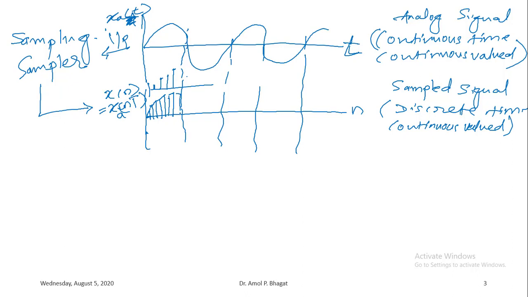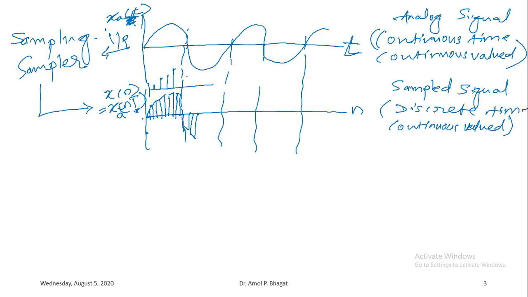These are nothing but the samples, which occur after every capital T interval.